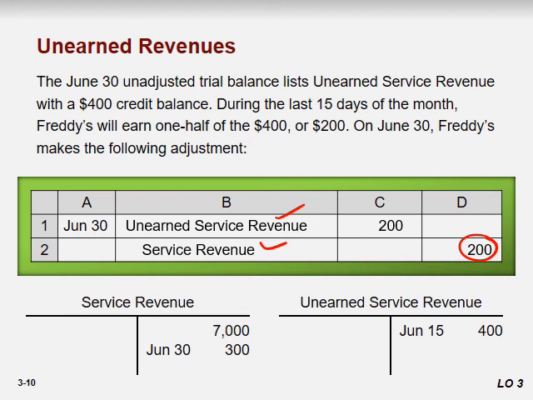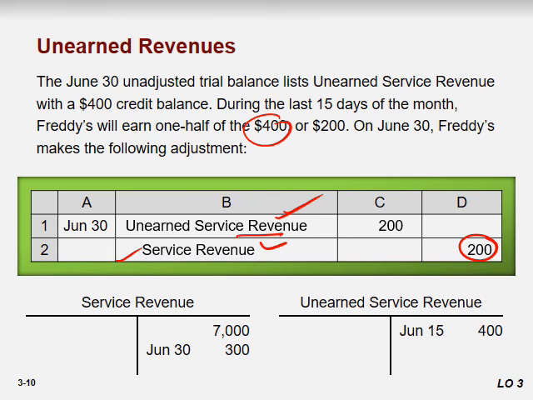Entry would be unearned service revenue to service revenue. Half of 400 you claim as revenue. So revenue increase, credit, and liability decrease, debit. So the entry would be debit to credit, unearned service revenue to service revenue.